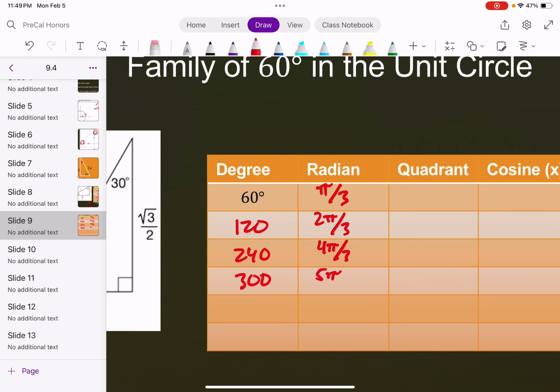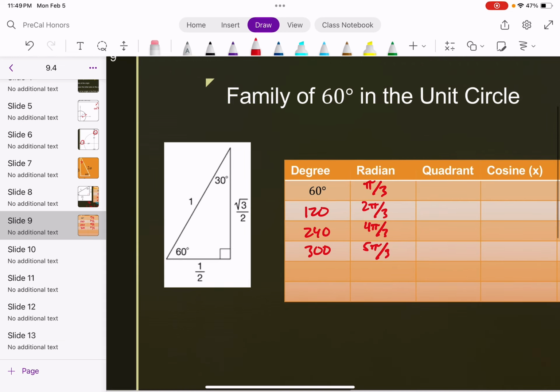And 5 pi over 3. Now, each one of these is going to tell us a different scenario as far as what quadrant it's in and be able to kind of move things around. So in this case, it goes in order: quadrant 1, 2, 3, 4.